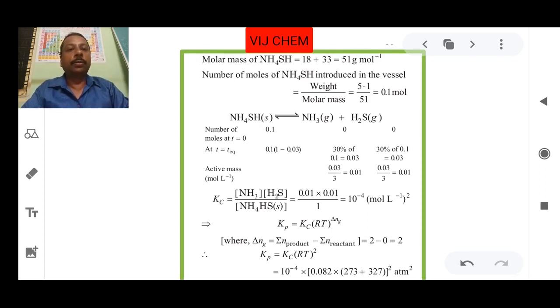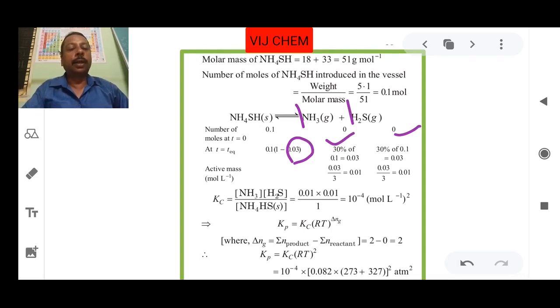Then whatever is subtracted will be formed in NH3, 30% of 0.1, and 30% of 0.1 will be formed in H2S. Here it is also 1 mole, it is also 1 mole. 30% will be subtracted here, 30% will be added here. Okay, so that is the final answer.